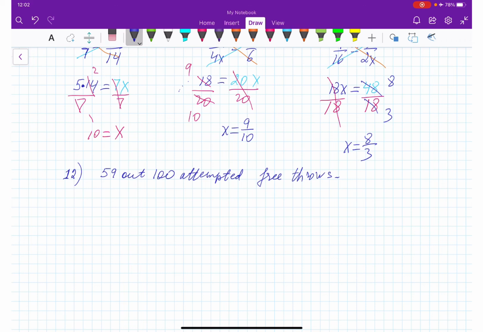What percent of free throws was made? What's the percentage?